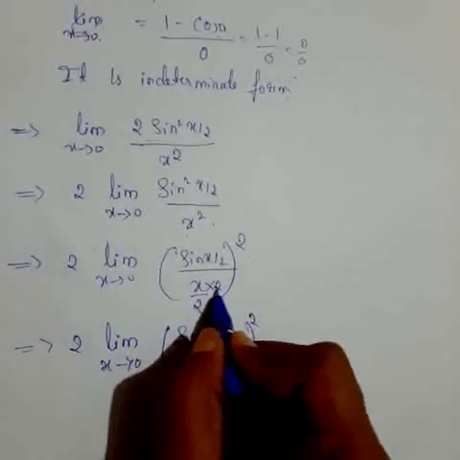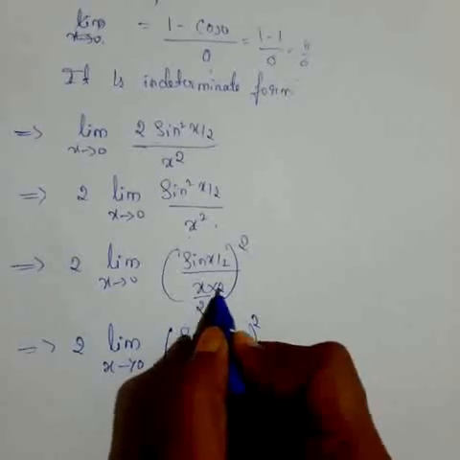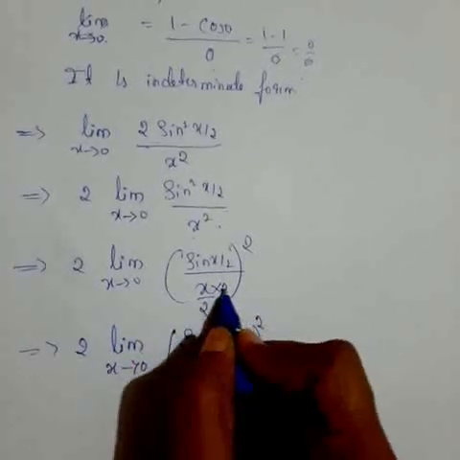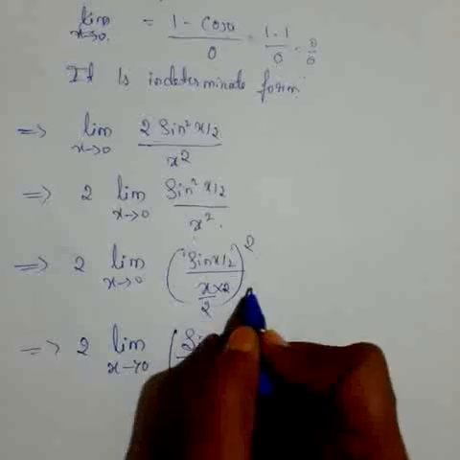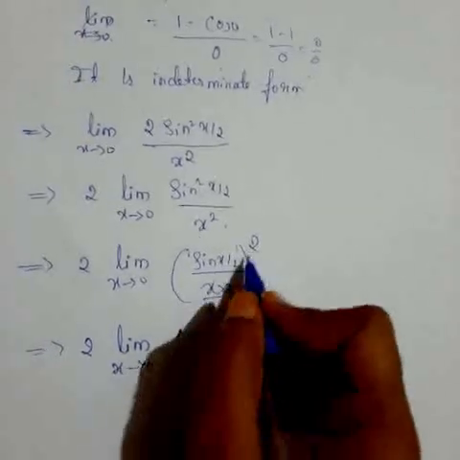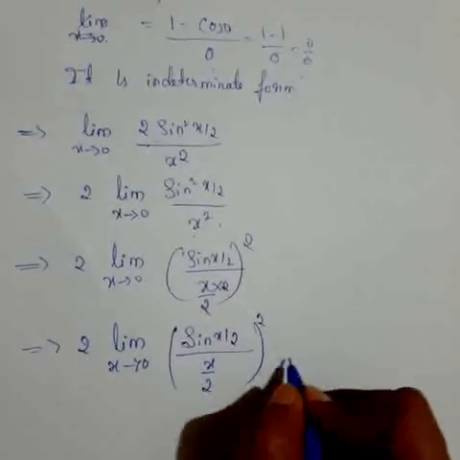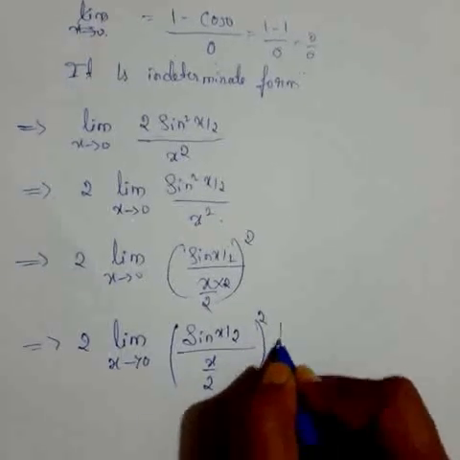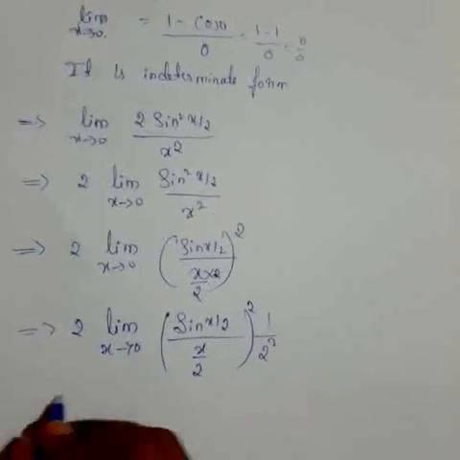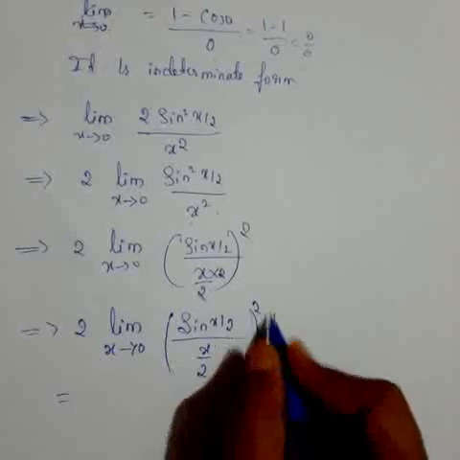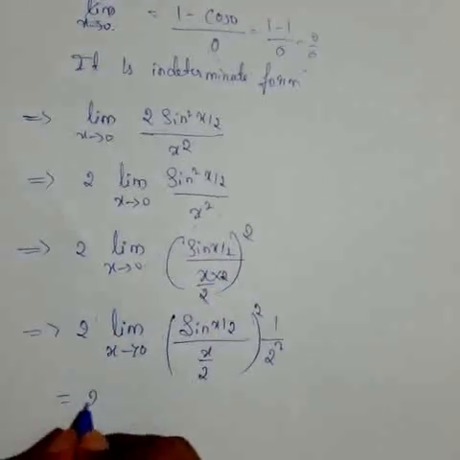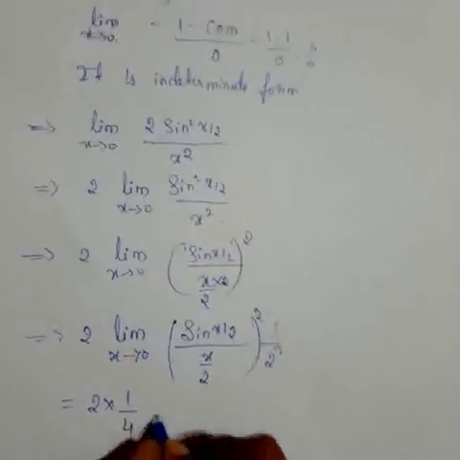This 2 I will take separately. If I take this 2 outside, you will get 2 square because it is in the form of square, so it will be 1 by 2 square. This one is a constant, take it this side. What happened? 1 by 4.